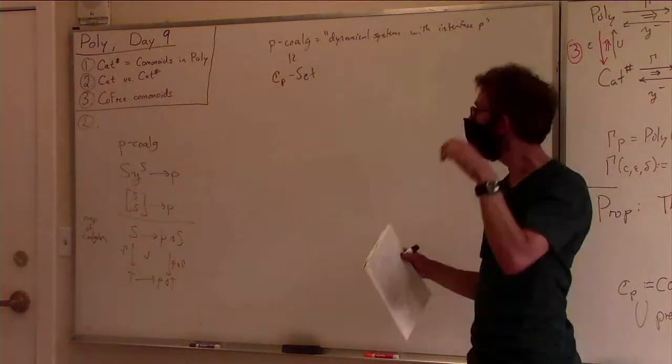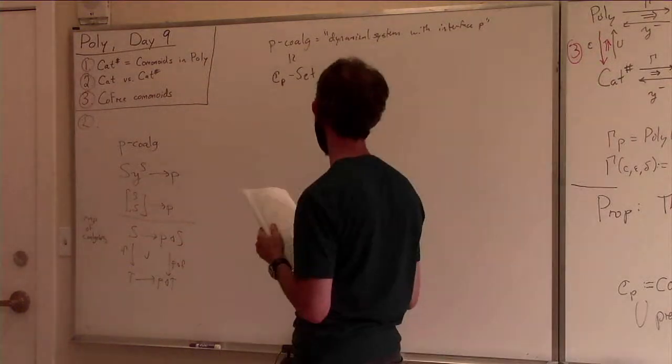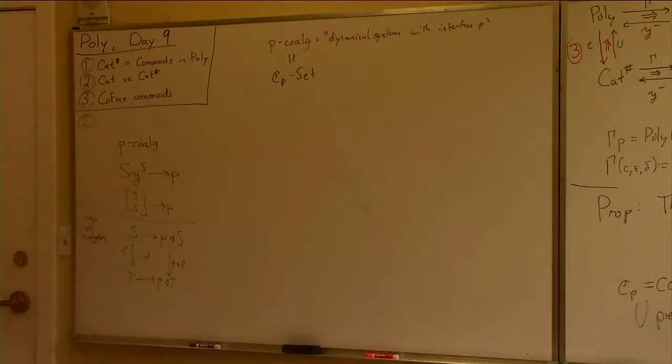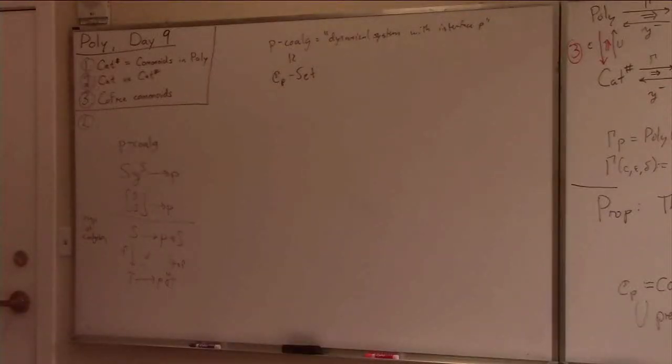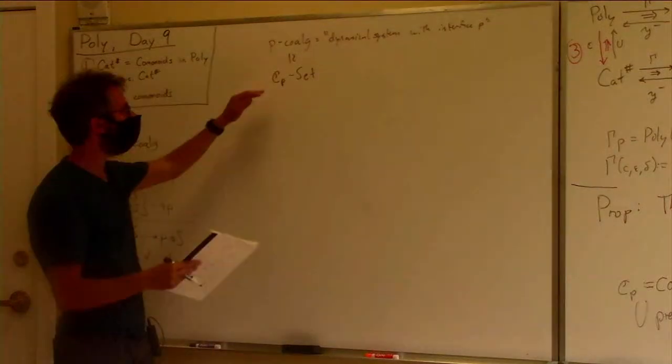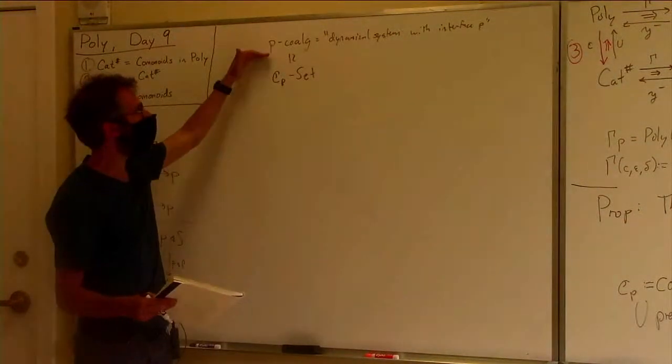And CP sets, now this category may be huge, but it's very well controlled. It's given by a finite amount of data, namely P. If P has 3 positions and 3 directions, then CP is uncountable and yet presented, or maybe you would say co-presented, by just those 3 plus 3 pieces of data. So this CP is huge but very well controlled, and the point is that a CP set and a P coalgebra are the same thing.